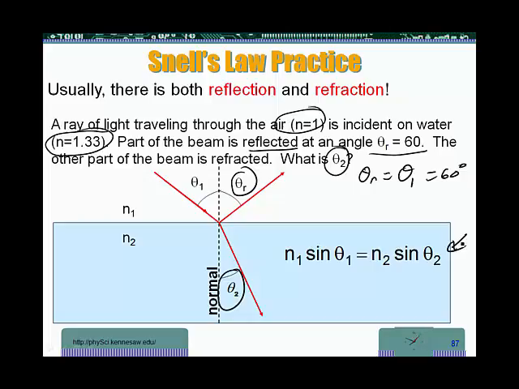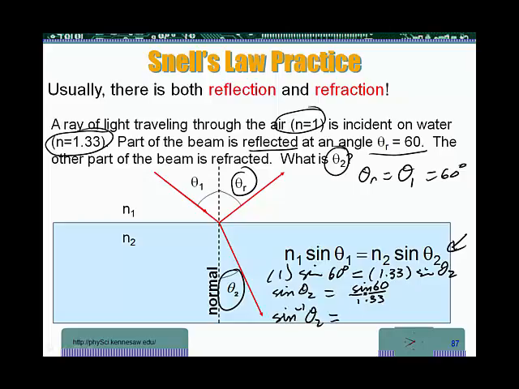In this particular case, that's going to be 1 sine of 60 degrees is equal to 1.33 sine of theta sub 2. So solving for theta sub 2, I solve first for sine of theta 2, and that's sine of 60 over 1.33, and then I do sine inverse.